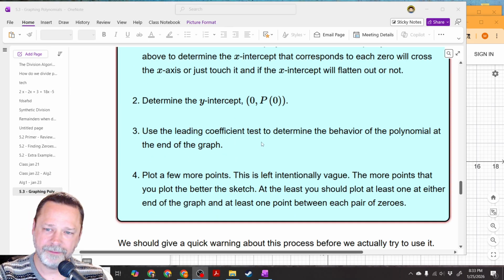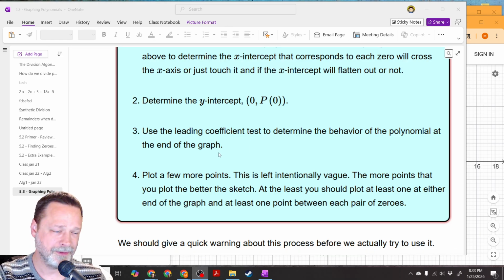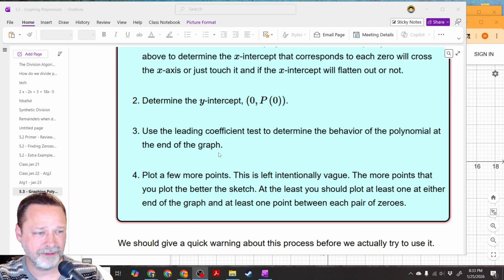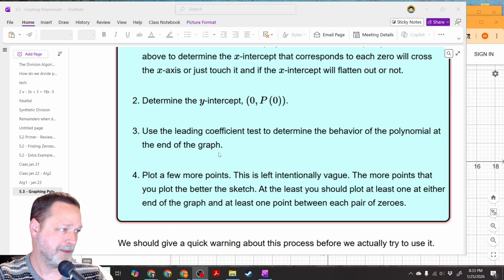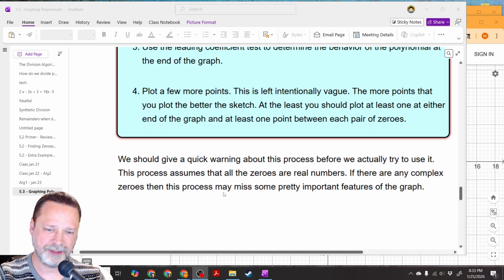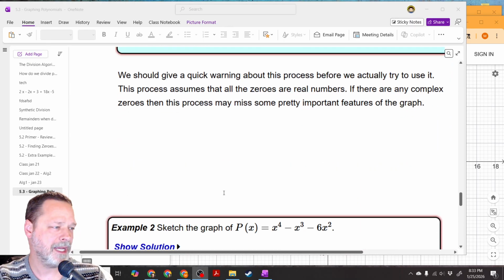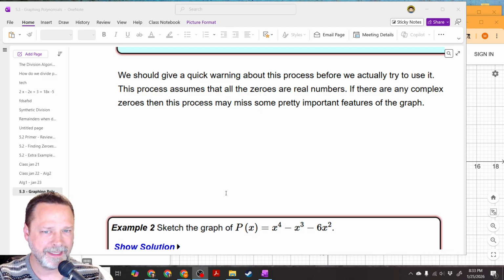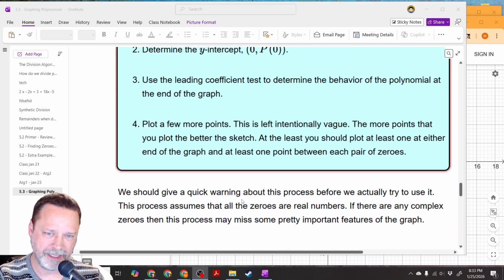Use a leading coefficient test to determine behavior of the polynomial at the ends. What's it doing on the left side of the graph? What's it doing on the right side of the graph? And plot a few more points so we can get a little bit better idea what this graph looks like. And when we say sketch, it doesn't have to be perfect, but we want the big things right. And the big things are what we've been talking about.